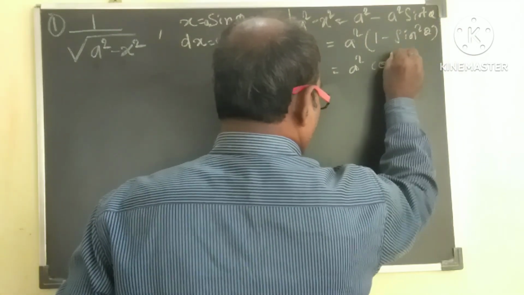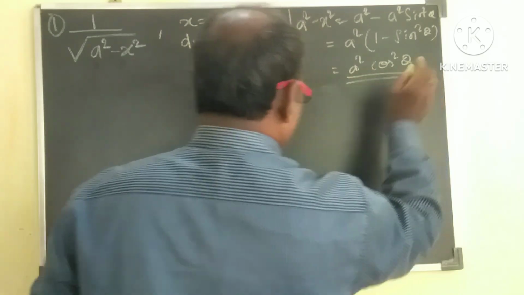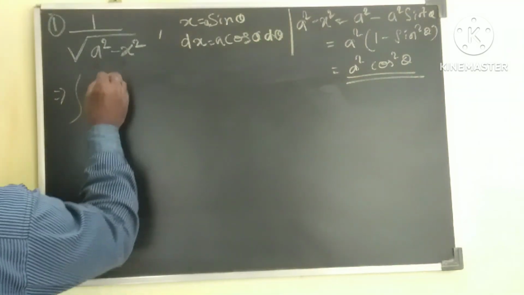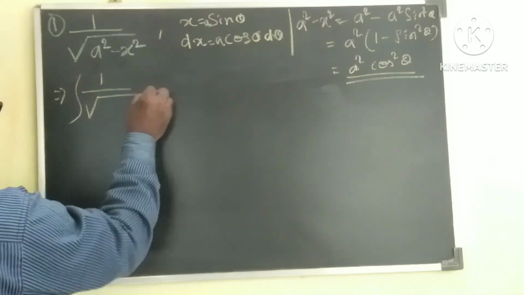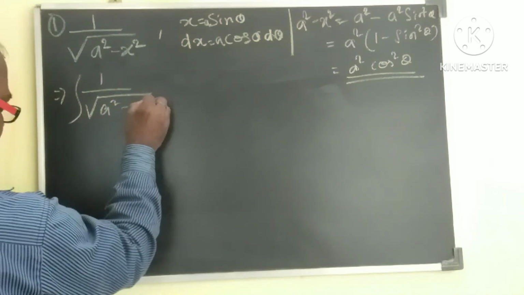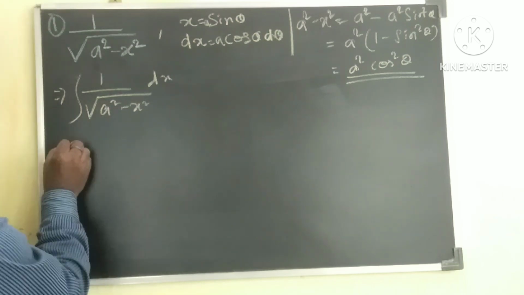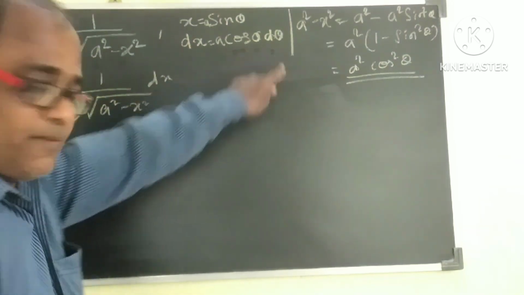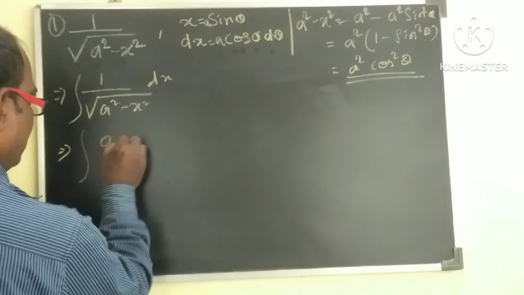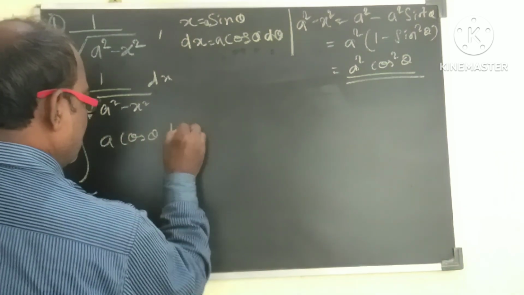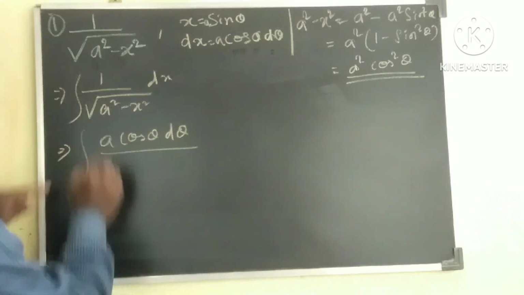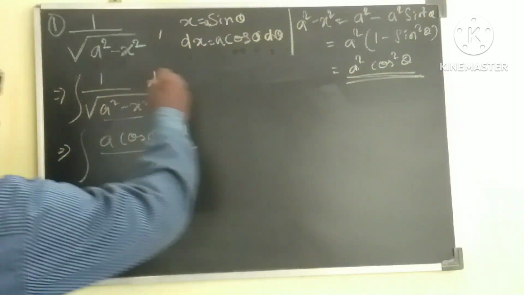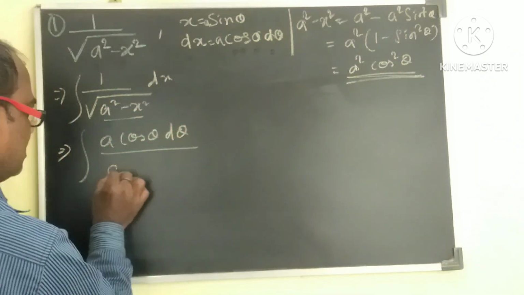which equals a square cos square theta. Now using these values, integrating 1 by root over a square minus x square dx, instead of dx we can put a cos theta d theta, divided by root over a square minus x square, which is a cos theta.